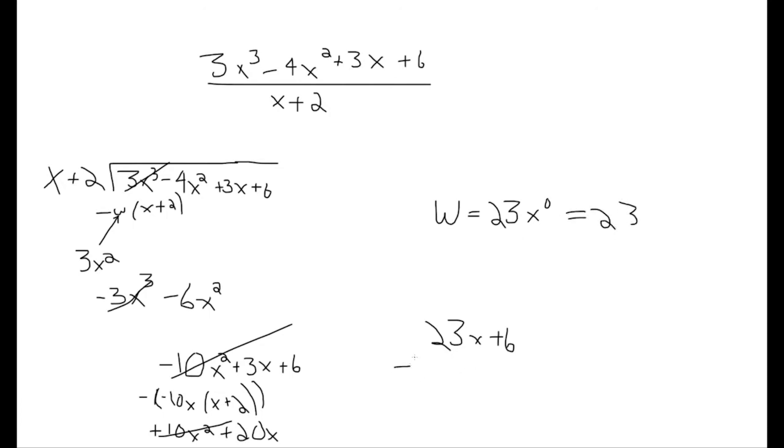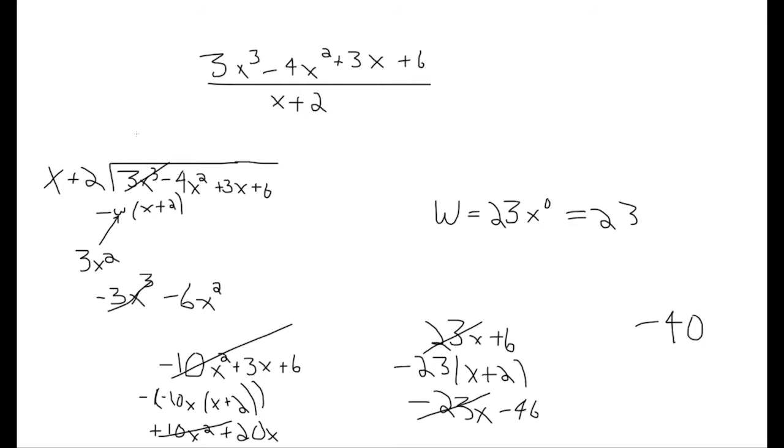So we're going to subtract 23 times x plus 2. And that is the same thing as subtracting 23x and then subtracting 46. Okay, 23x's cancel. What's 6 minus 46? That is equal to negative 40. So we have a remainder of negative 40.